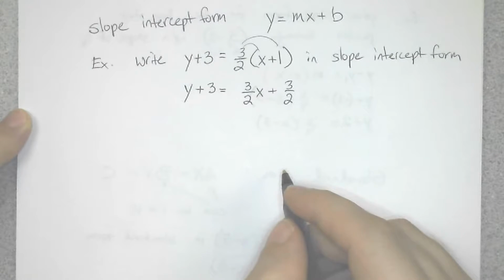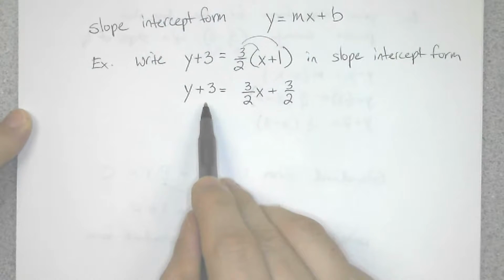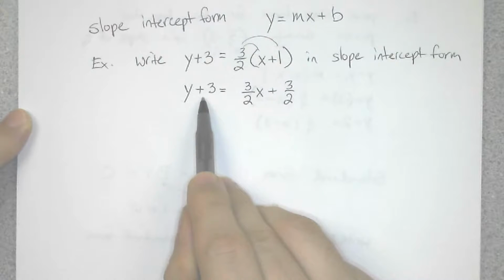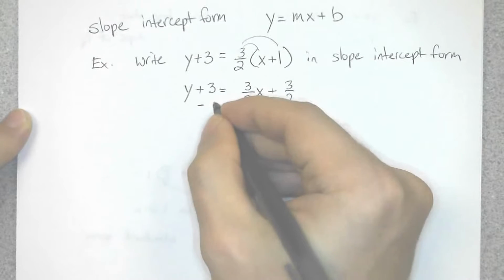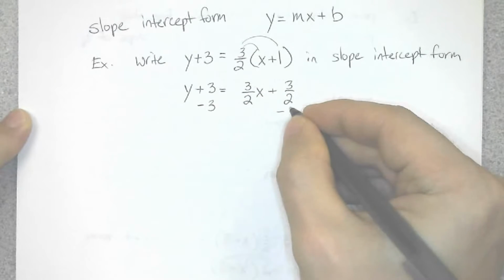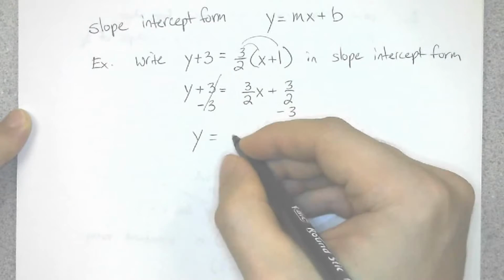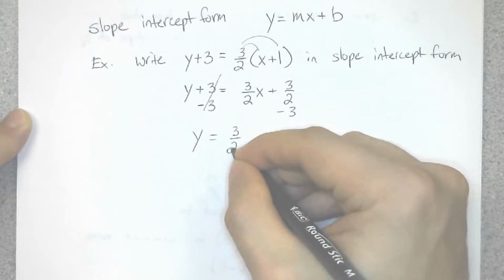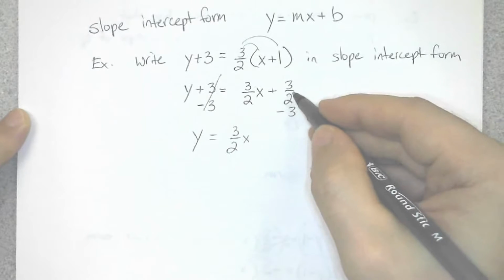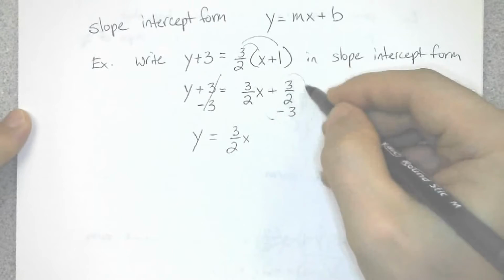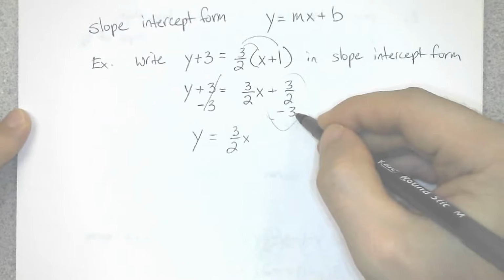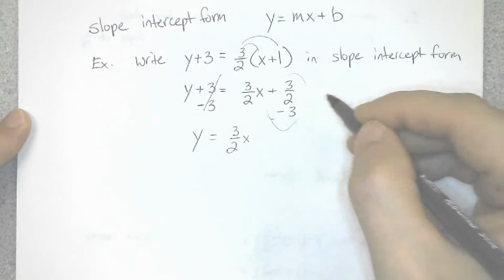Next, what I'm going to do is I'm going to try to eliminate this plus 3. So, I'm going to subtract 3 on both sides. This cancels, leaving y. On this side, I have 3 halves x, and now I have plus 3 halves minus 3.